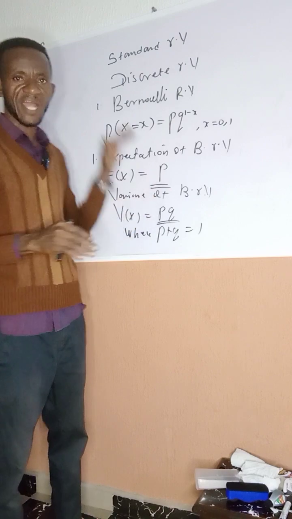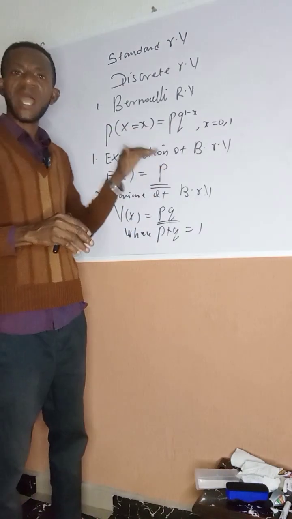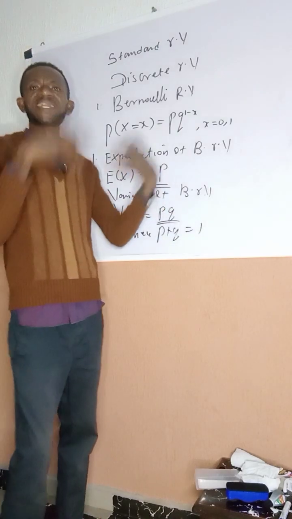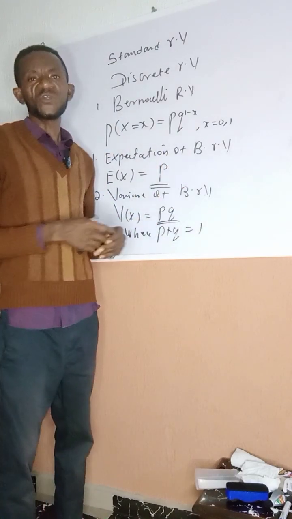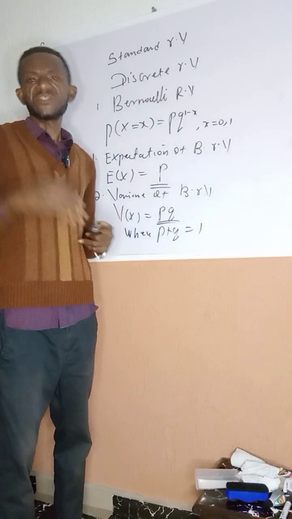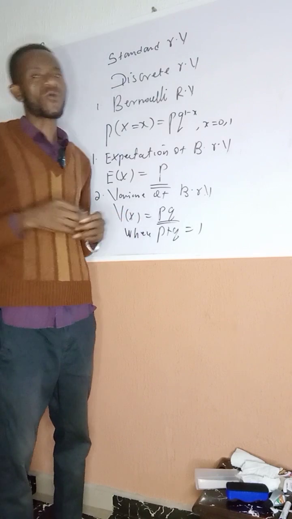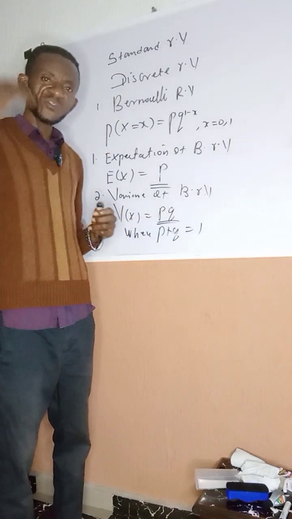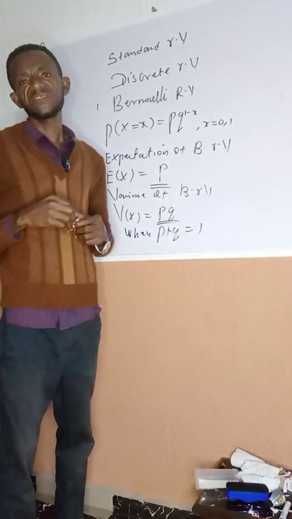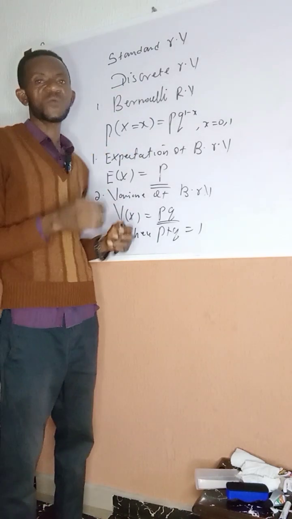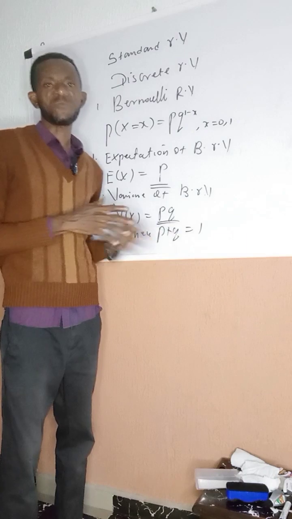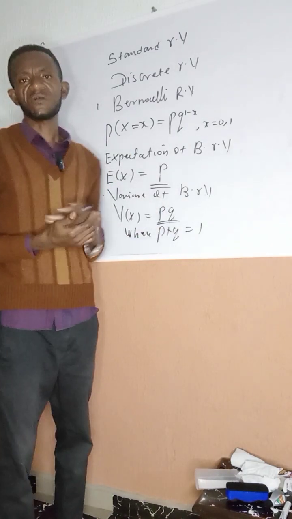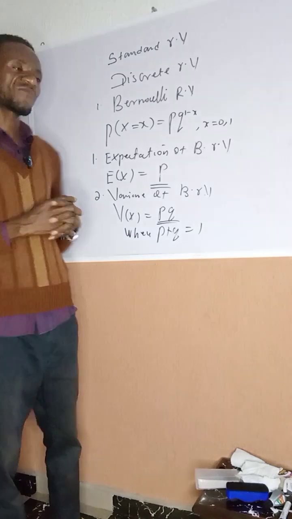So for now, this is as much as I expect you to know about the Bernoulli random variable. In our subsequent classes, we should be looking at deeper problems that concern more people who want to dig deep into statistics. We should equally be looking at the MGF, moment generating function, and possibly the characteristic function of this random variable.